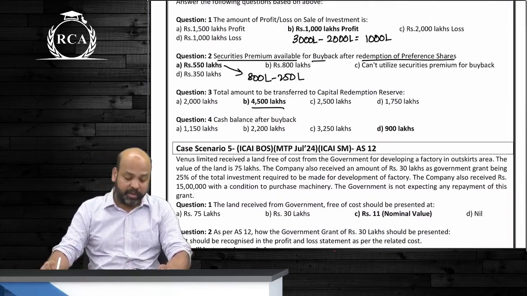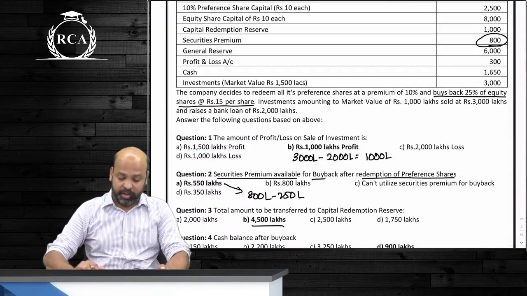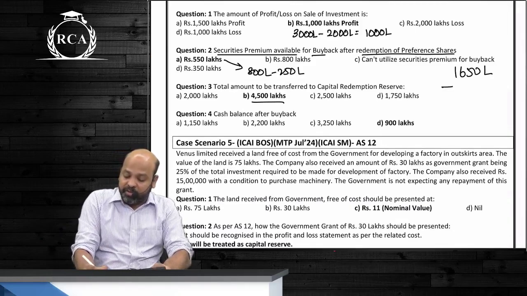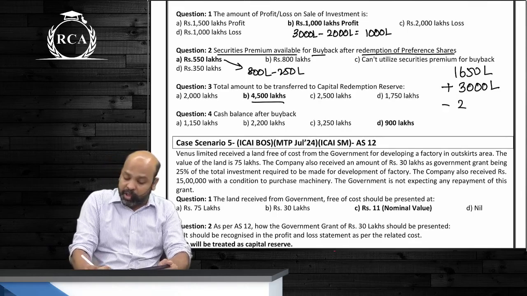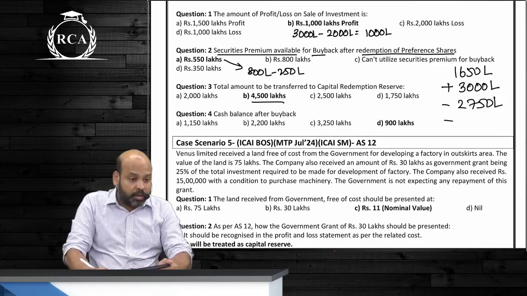Cash balance, guys, after all of these transactions. What is your existing cash balance that you see in the question? 1650 lakhs. We sold our investments for 3000 lakhs. We paid 2750 lakhs to preference shareholders. We paid 3000 lakhs to equity shareholders.